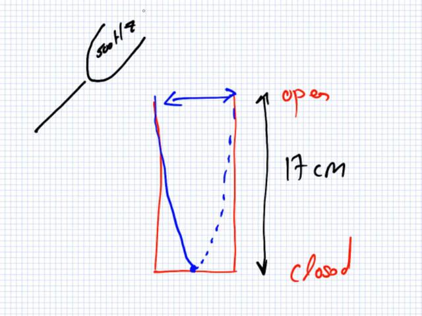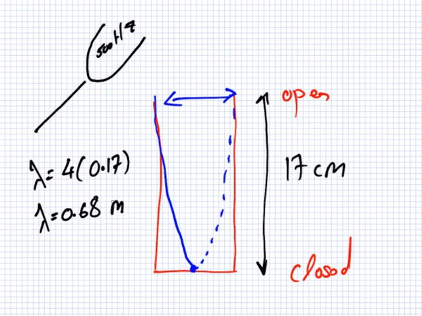How big is the wavelength here? 40. Yeah, so the wavelength here will be 4 times 0.17, which would be 0.68 meters. Now I want the speed of this wave. So what formula could I use?